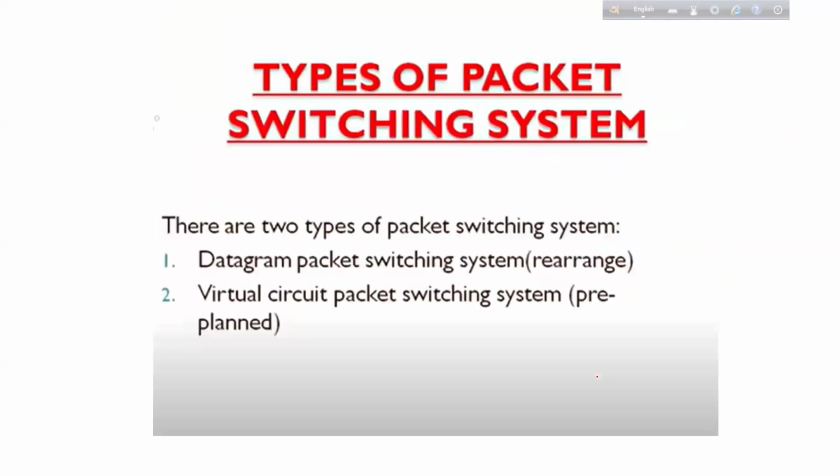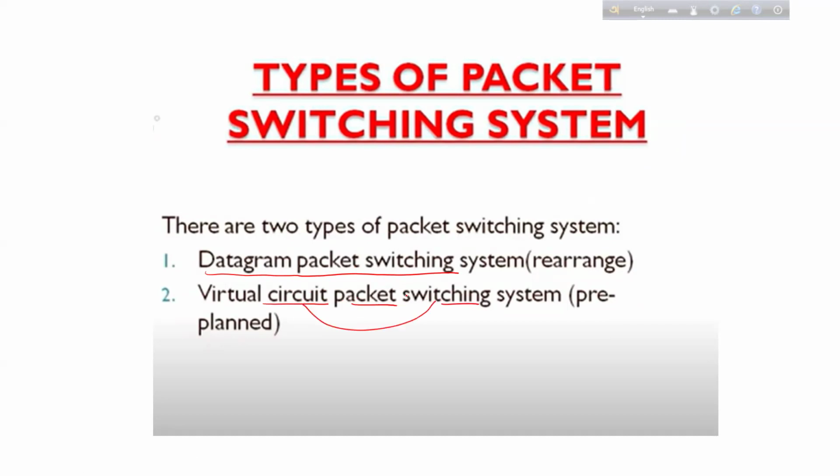Now, types of packet switching system. In packet switching system, we have 2 types. One is datagram packet switching. One is virtual circuit packet switching. See here, the first one is datagram packet switching, and in the second we have some form of circuit packet switching.